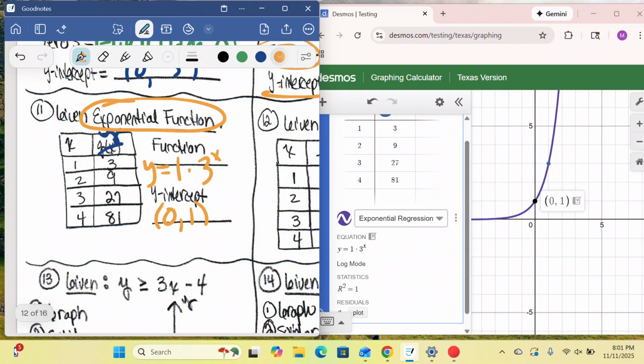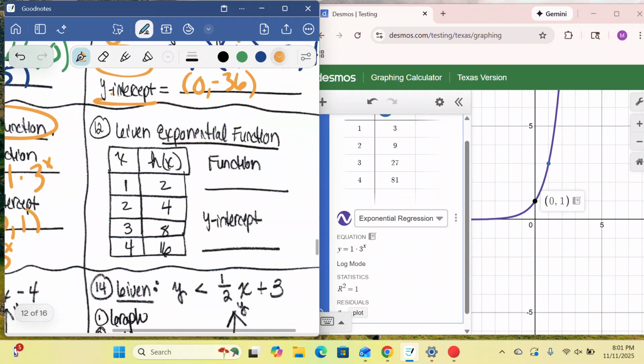Because it is raised to the very small x. Another way you can write your function is, of course, our g of x. Remember our fancy word, and it is 1 times 3 raised to the x. You can write it as y equals 1 times 3 raised to the x, or you can write it as g of x being 1 times 3 to the x. So that is number 11.